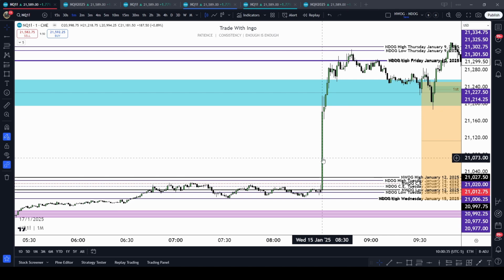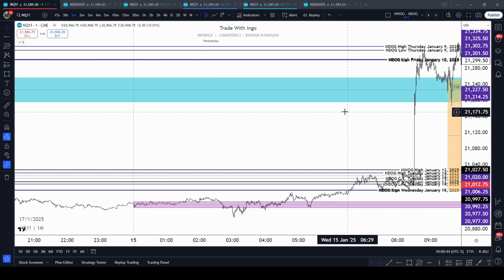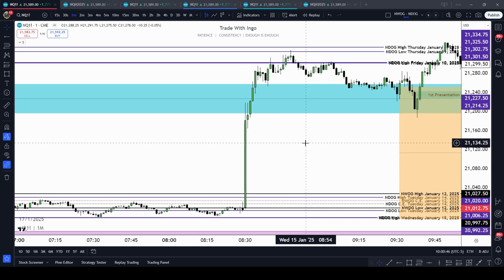So at 8:30 a.m. the hand uses it to create this move all the way up. Manual intervention is what I meant instead of manipulation.